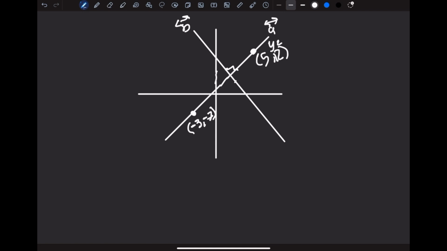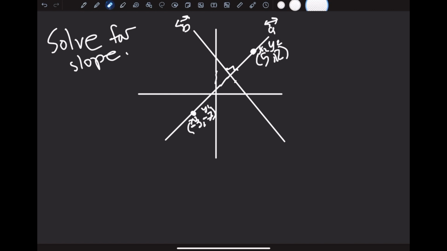Again we do y2, x2, y1, x1, and now the problem is that you need to solve for slope. They gave you the 2 points on line A, so they want you to use them to find line A's slope first, and then relate it to find the slope of B. So we need to first find the slope.